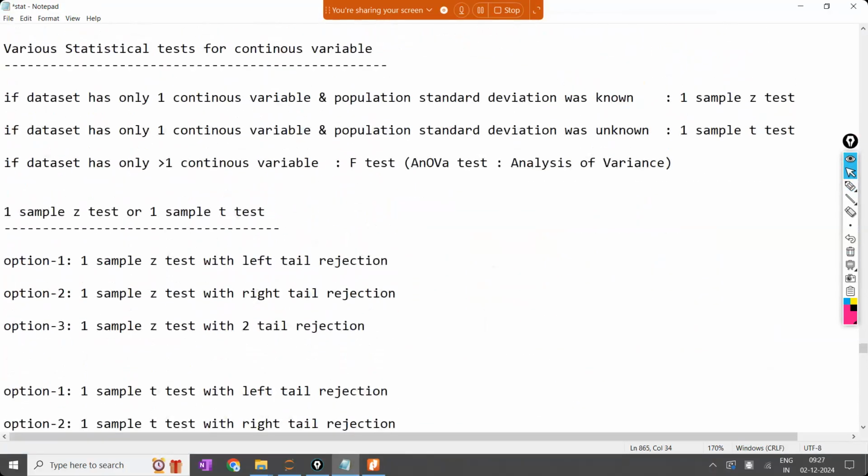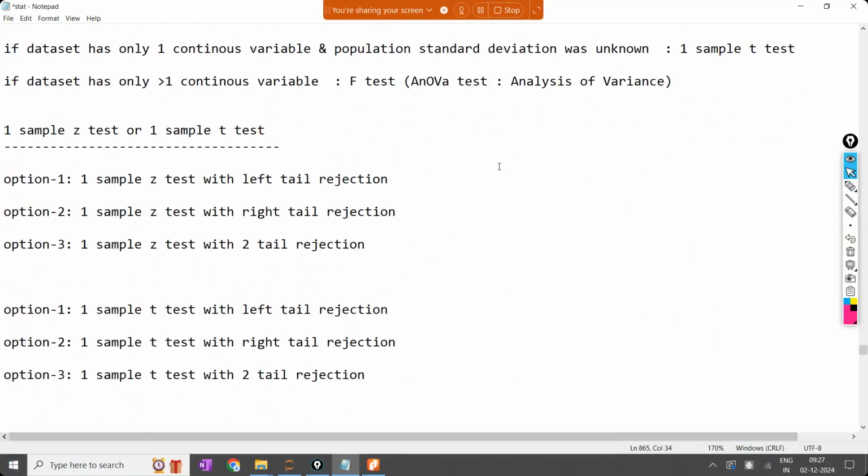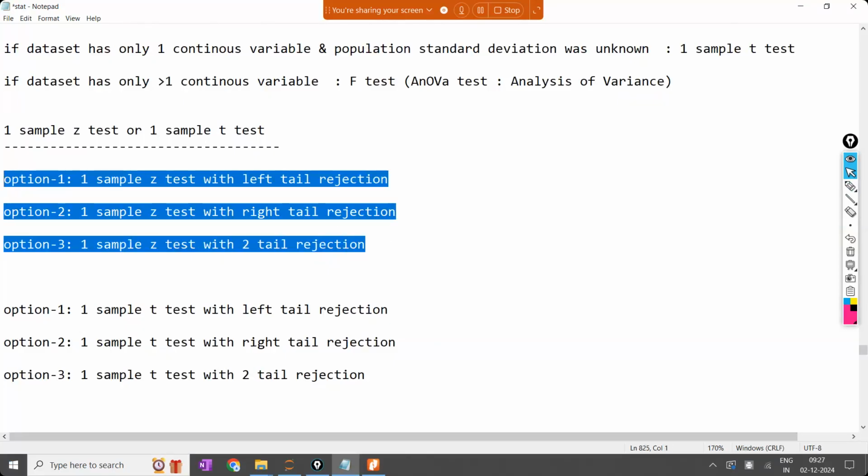Within the one sample test, again we have three types: one sample z-test with left tail rejection, one sample z-test with right tail rejection, and one sample z-test with two tail rejection.